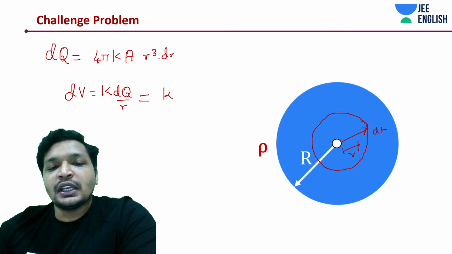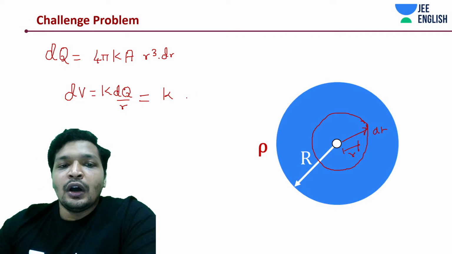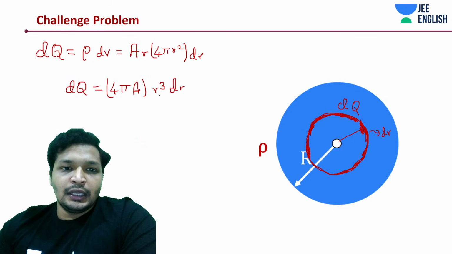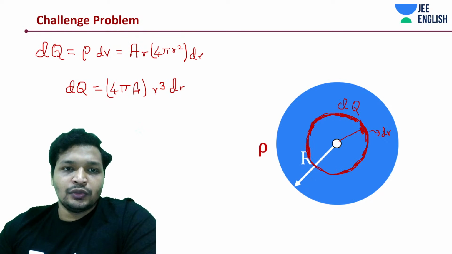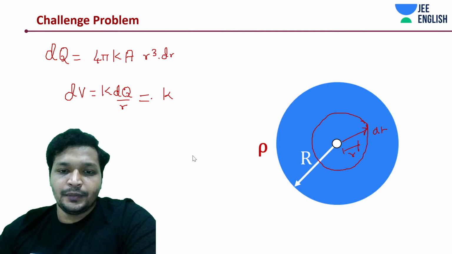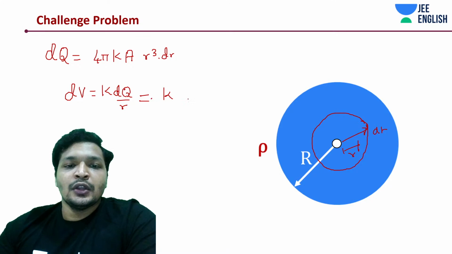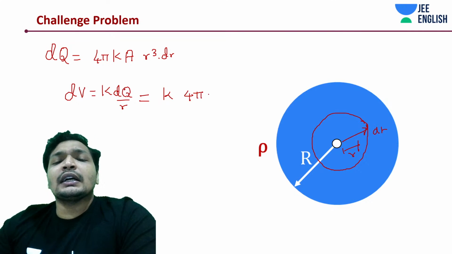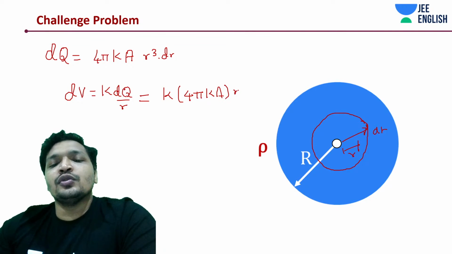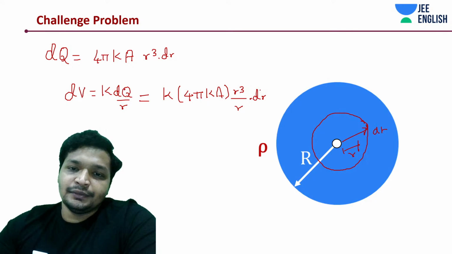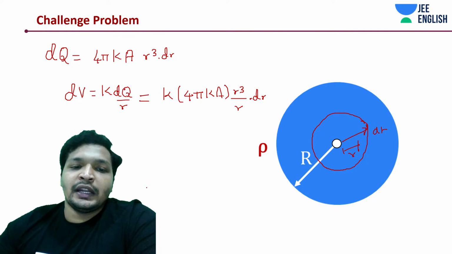So this should be 4 pi k into a into r cube divided by r into dr. Almost you arrived at the answer.